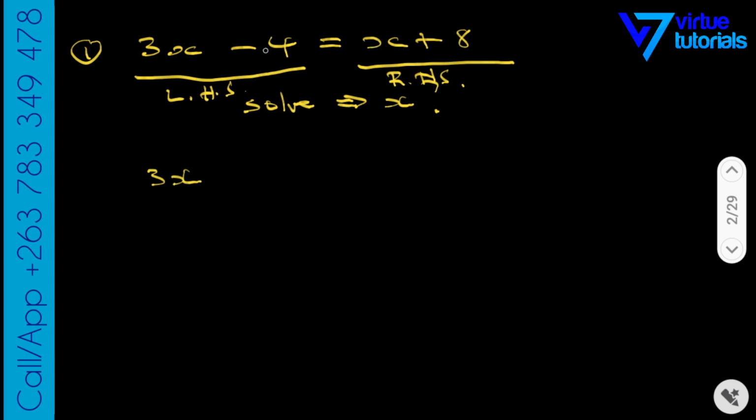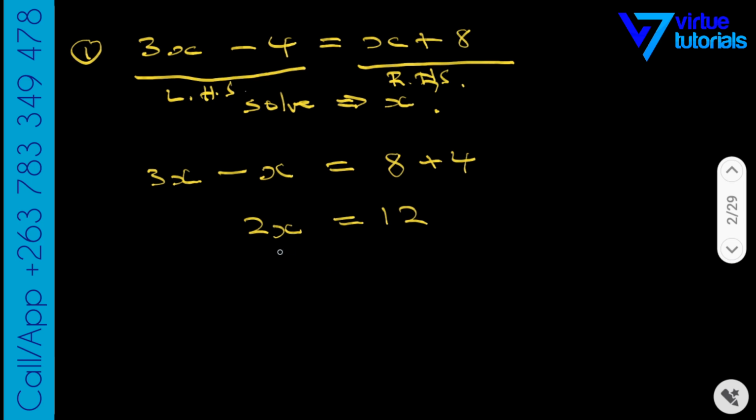So when it comes this side, it becomes negative x. And then 8 hasn't moved. It's still on the same side, so 8 remains positive 8. And then 4 was a negative 4, so if it moves to the other side of the equation, it changes and becomes a positive 4. So 3x minus x gives us 2x, and then 8 plus 4 gives us 12.